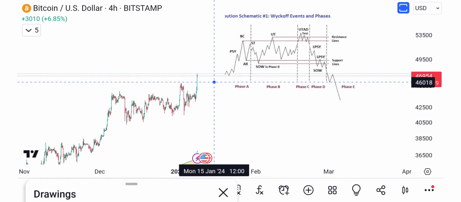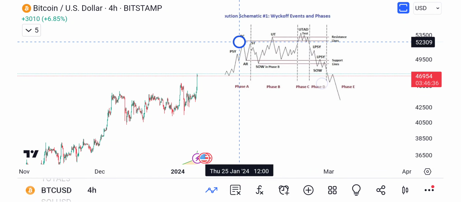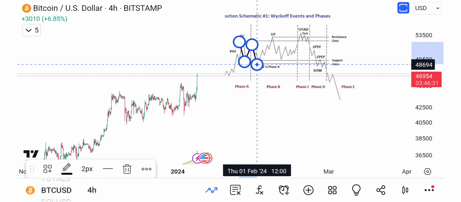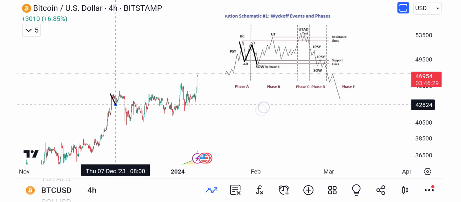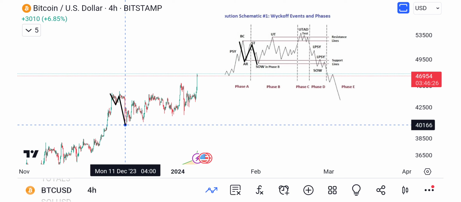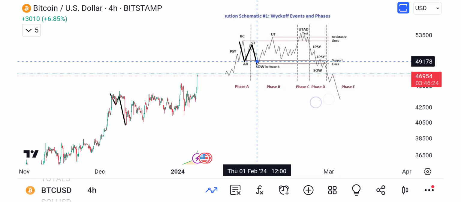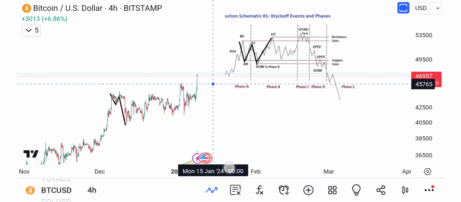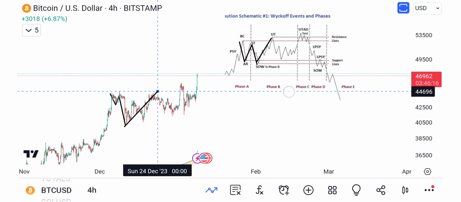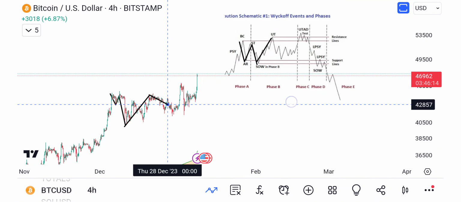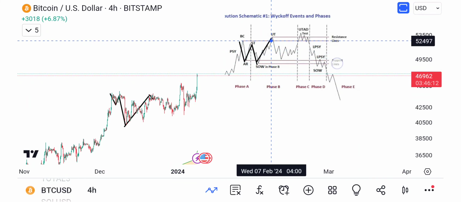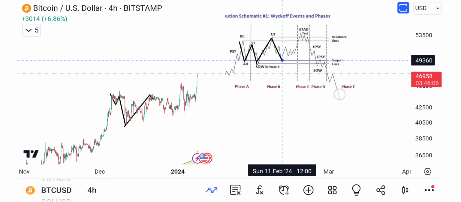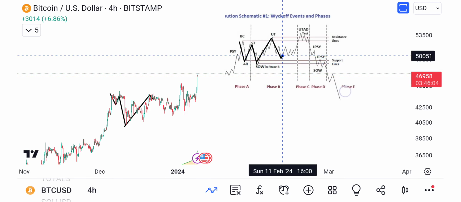So how would this look? So basically, you have this move down right here. Boom, boom, boom. Same thing here. You have a move down. Boom, boom, boom. Right? And then you go up into phase B, right? Same thing here, going up into phase B. Then we come back down, making a higher low, not taking out this low, right?